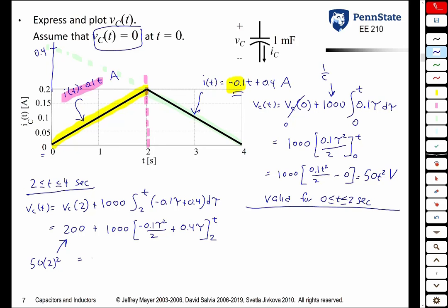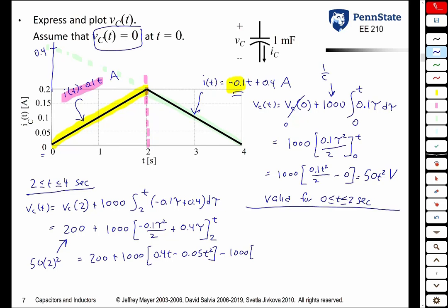So you work out the math, it's 200 plus 1,000 times, plugging in t, you get 0.4 t minus 0.05 t squared. Then we're going to subtract 1,000 times the expression in the brackets evaluated at 2.